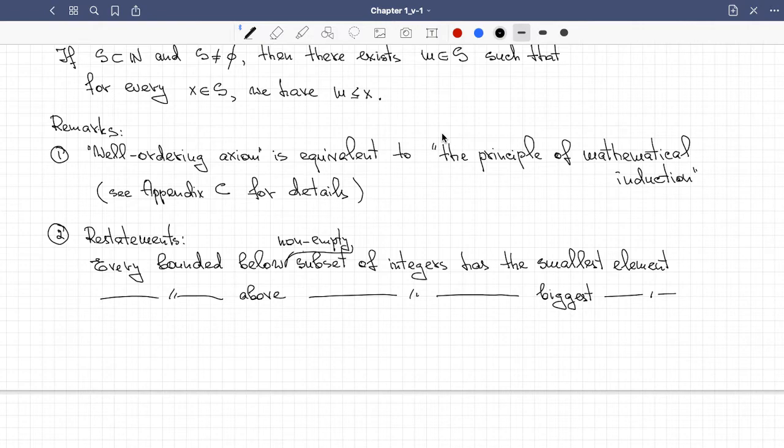And another remark about the well-ordering axiom is that it is true for integers, Z, but not for everything.